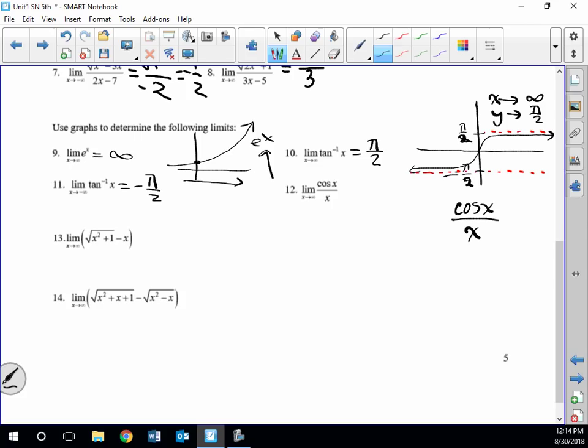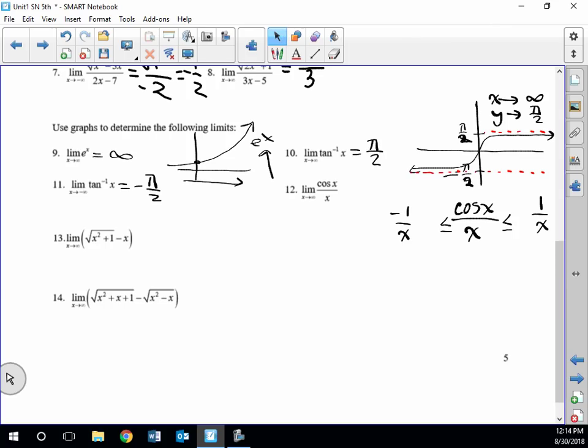So I'm going to say this is less than or equal to 1 over x. And the smallest cosine is ever going to be is negative 1. So this function is bouncing back and forth between negative 1 over x and 1 over x.